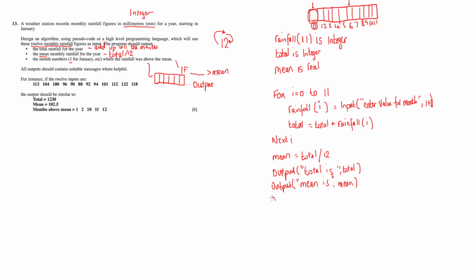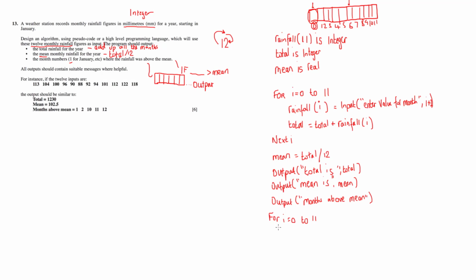So the first thing I'll do is I'll just put months above mean, and then I need the same thing that I did before. So I'll say for I equals 0 again to 11. So go through my data again.